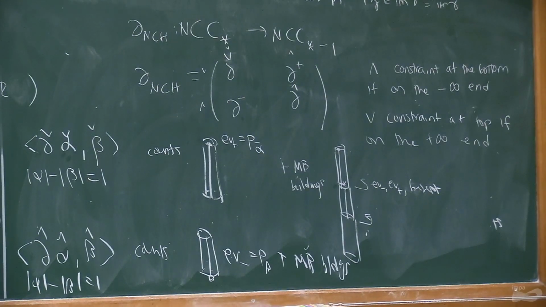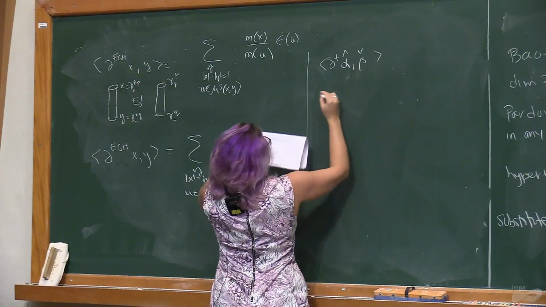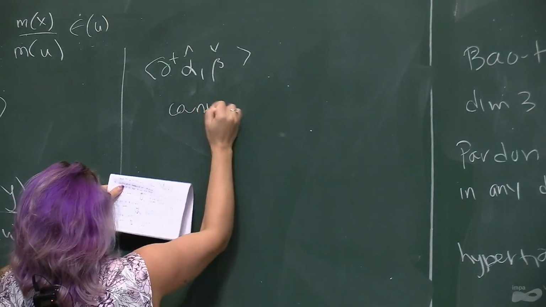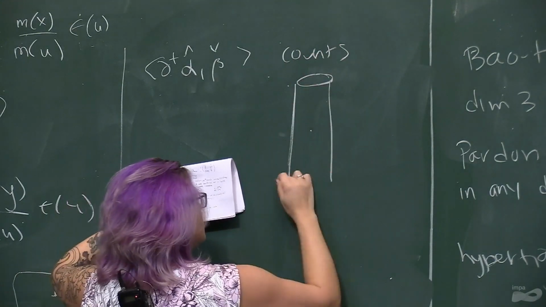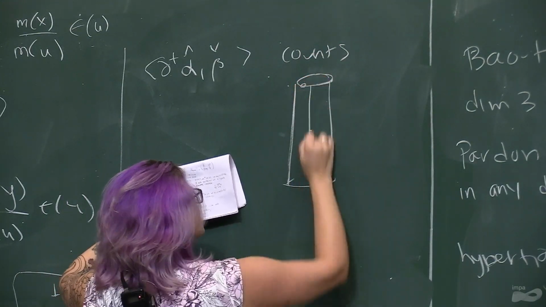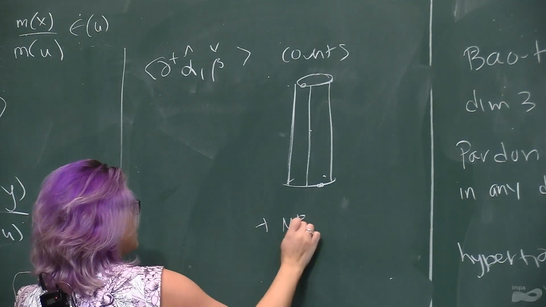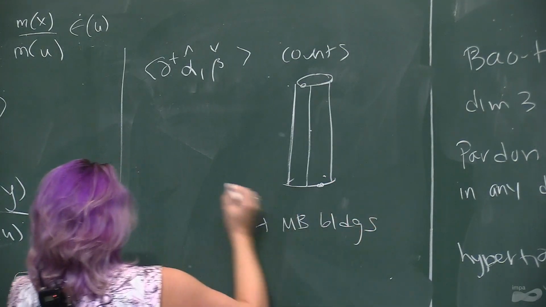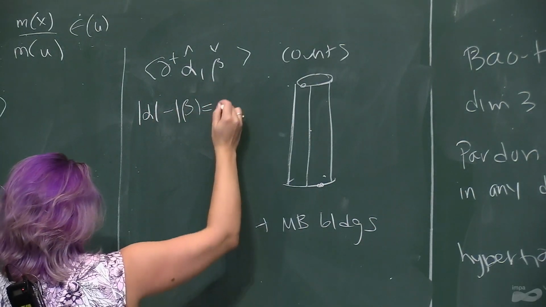Okay, so then, let's see. Okay, so I have two differentials left. So D plus, alpha hat, beta check. This counts cylinders which do not have any base point constraints, plus your Morse-Bott buildings. And here you have the index difference between alpha and beta is equal to 0.